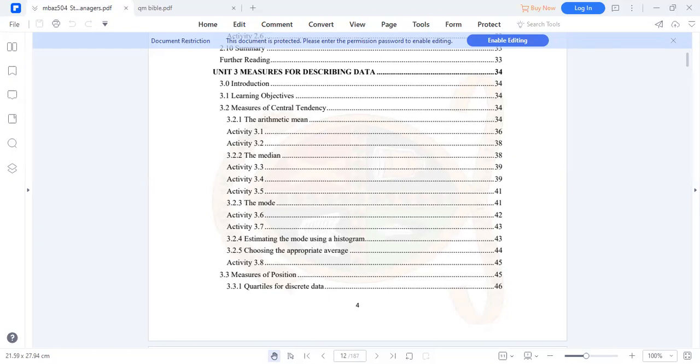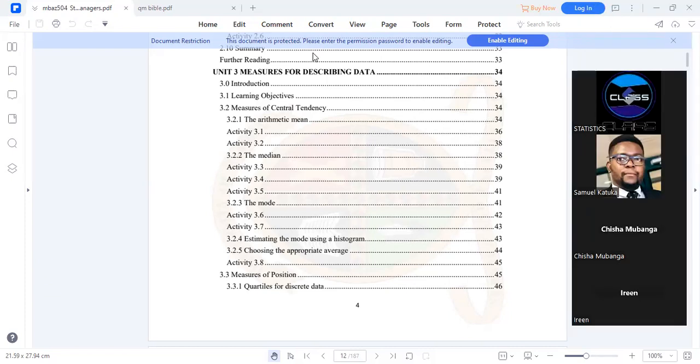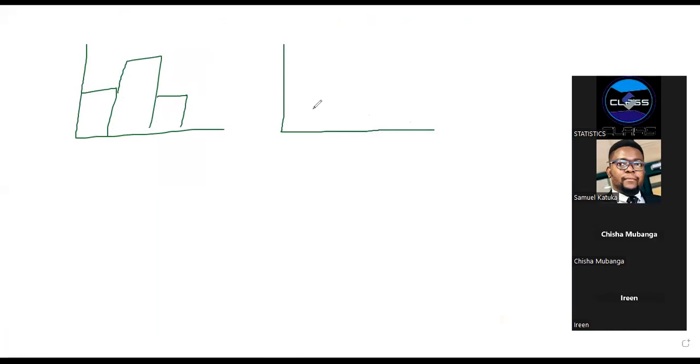So now we get to what we call grouped data. Back to our pictograms, we identified important ones like the histogram, which has continuous data for quantitative information.